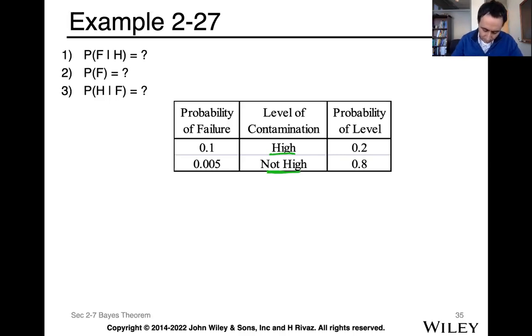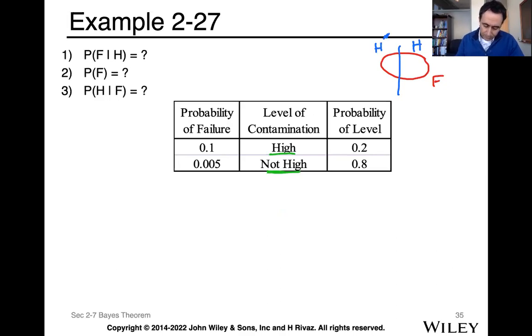And remember, this is the one we drew, right? So we had failure here, and failure can happen because of either high contamination or not high, right? H prime.